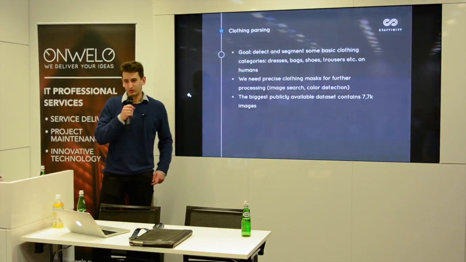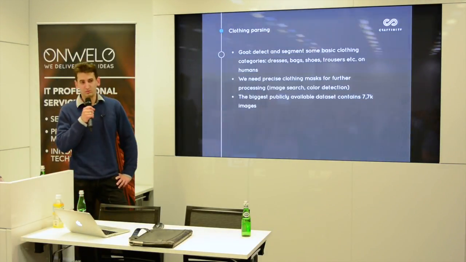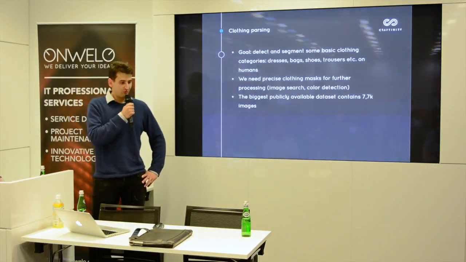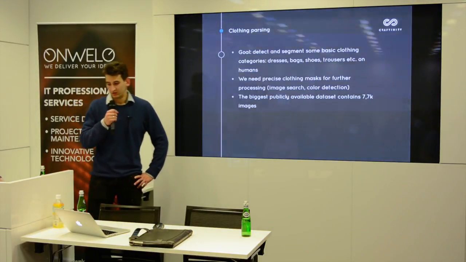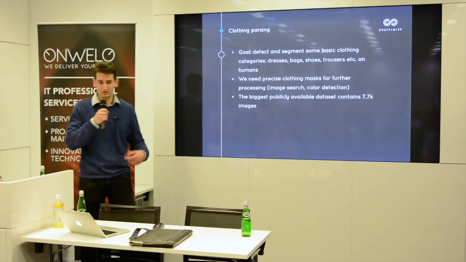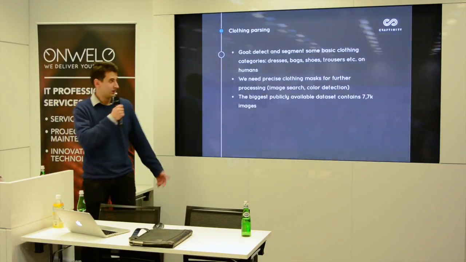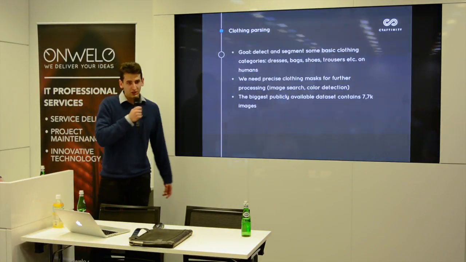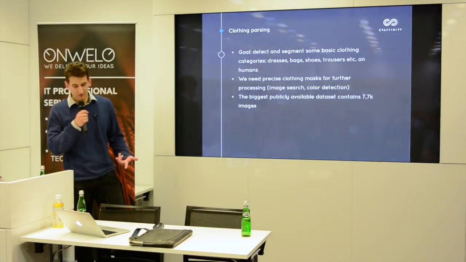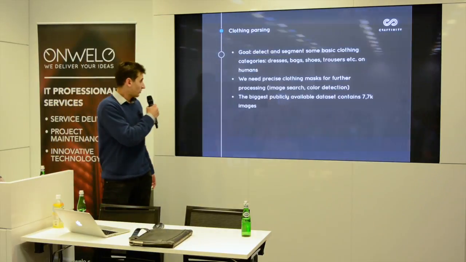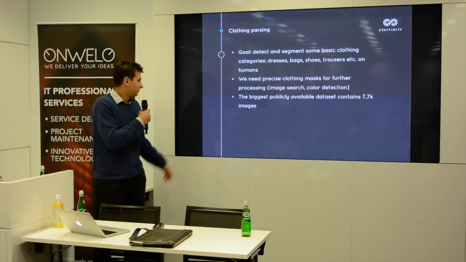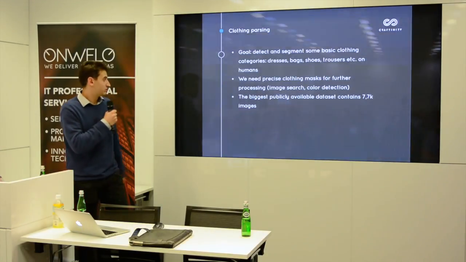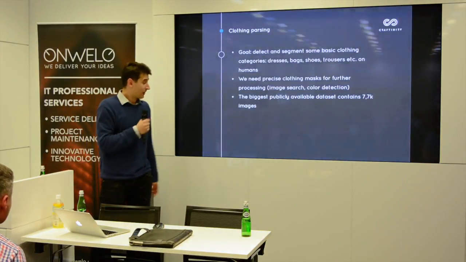Okay, so our domain is a set of images coming from the fashion industry, and we need to predict masks for some more important categories like dresses, bags, shoes, trousers on it, and we'd like to have this mask to be precise. For instance, to be able to further work with these masks, that may be useful for image search.